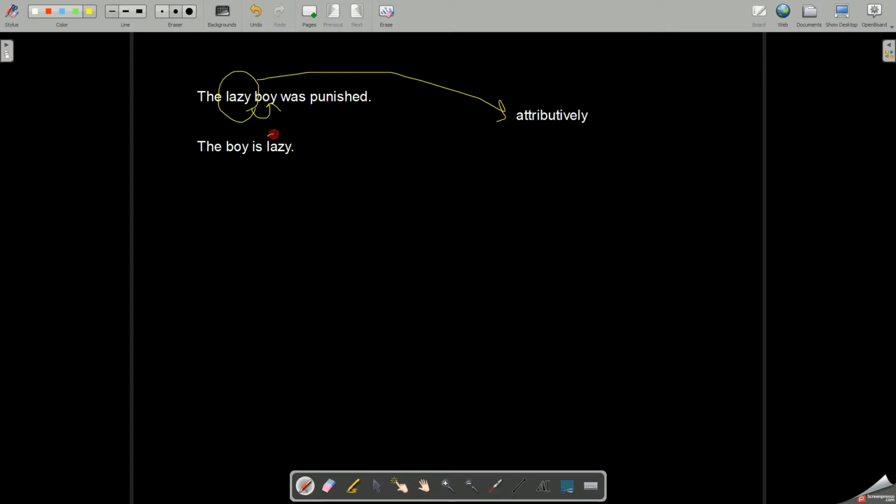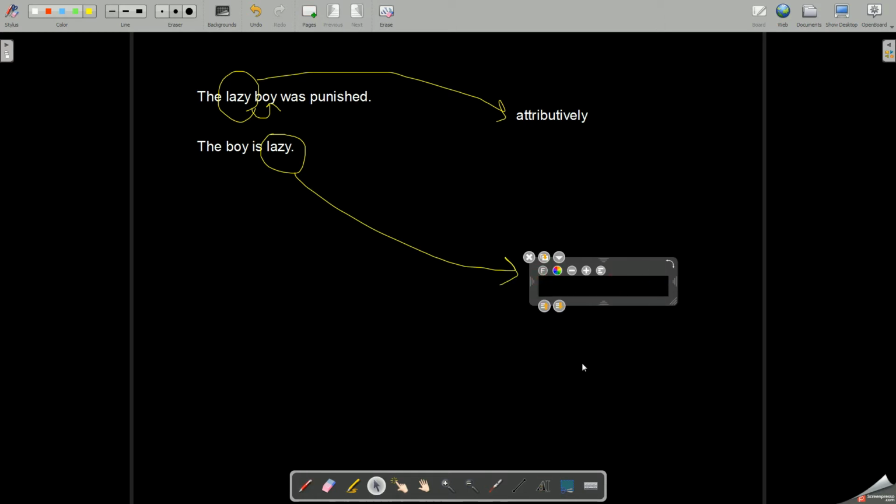Whereas in the second statement it forms a part of the predicate, that is, it tells how the boy is. So the boy is lazy, it is used predicatively.